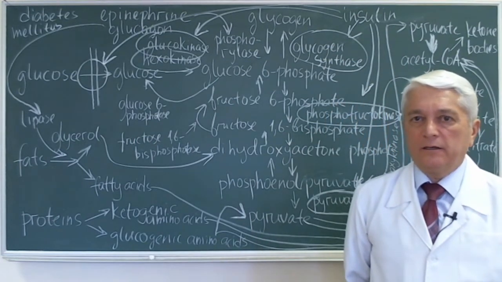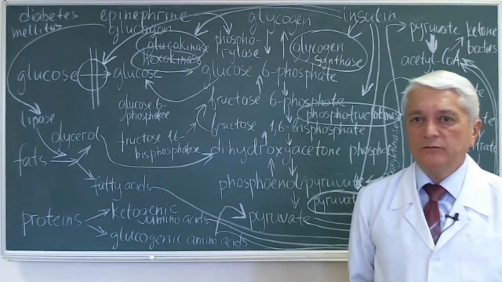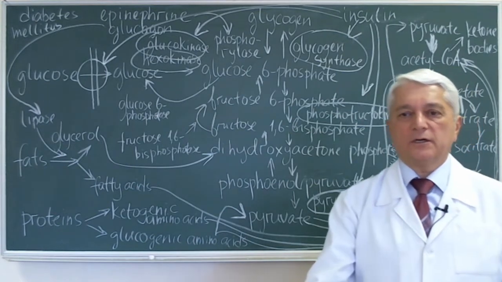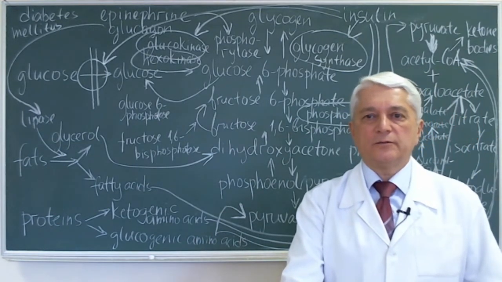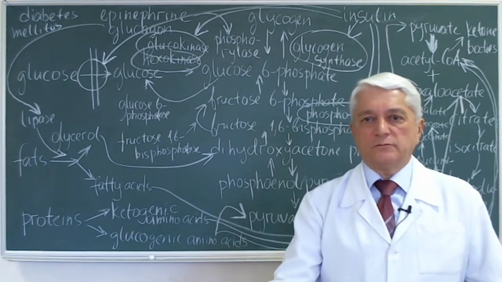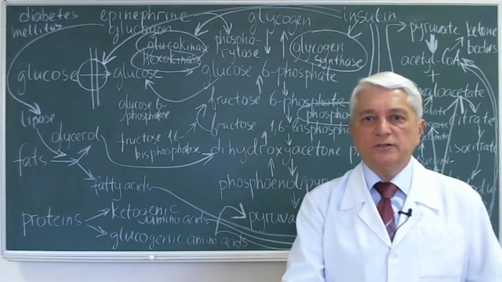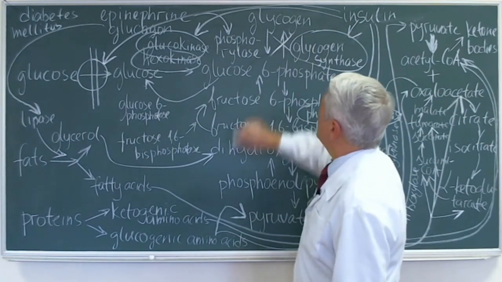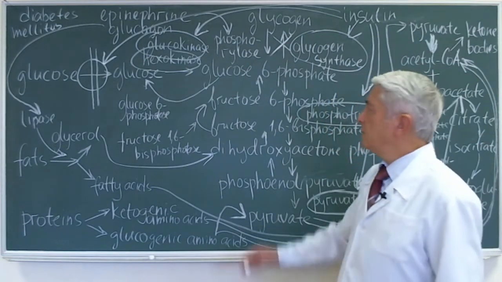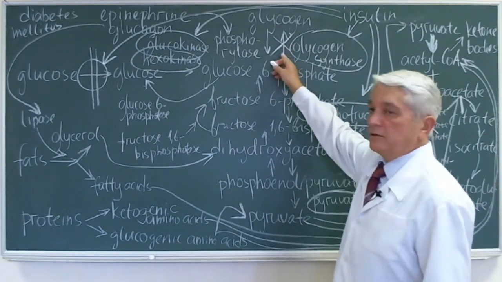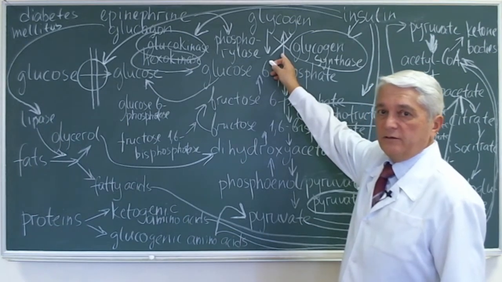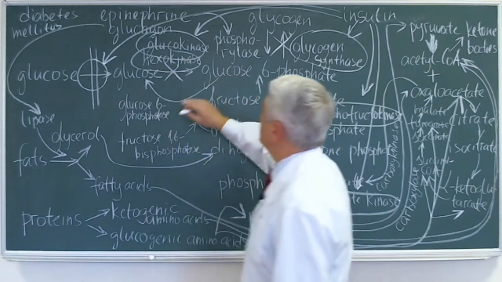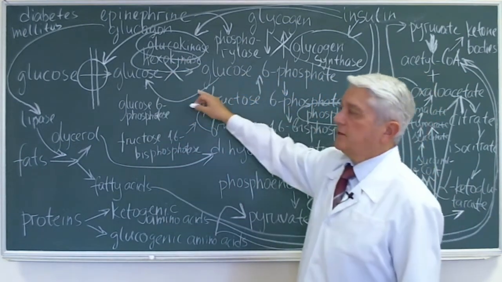Now we know that if insulin cannot fulfill its function, we have no glycogen synthase, so the synthesis of glycogen is not possible. Let's cross here, also with red color. Then glucose cannot be transformed to glucose 6-phosphate.